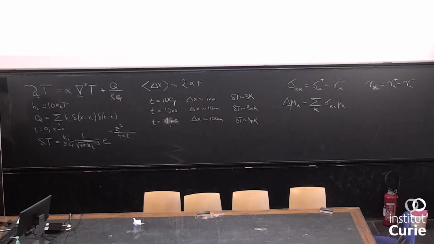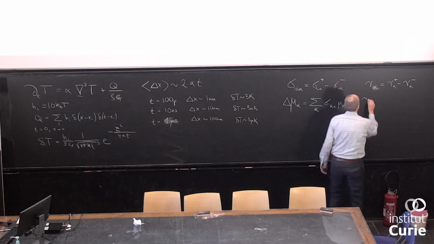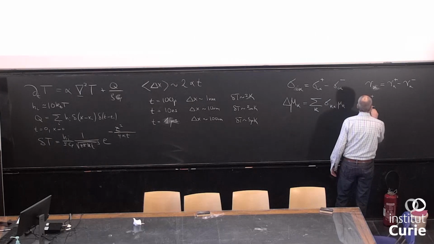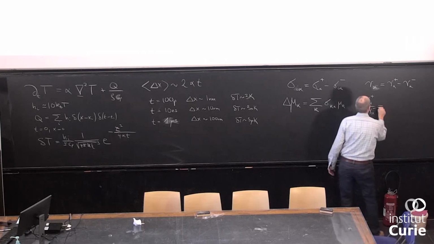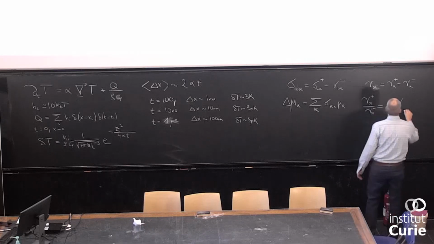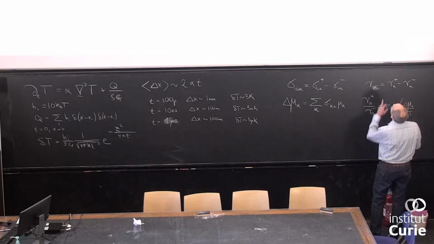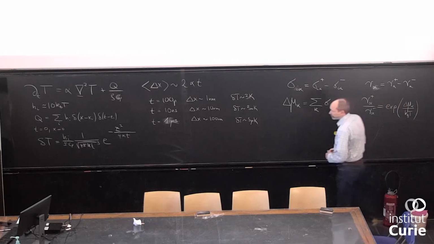To be consistent with thermodynamics, there's a detailed balance condition for the chemical reactions, associated with micro-reversibility, which is that the forward rate divided by the backward rate must be the exponential of delta mu alpha over kBT. There's a typo here because the kBT is missing.